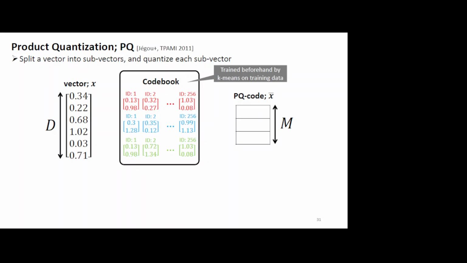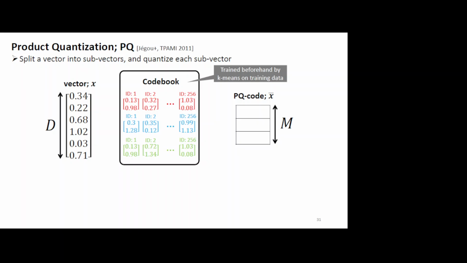Then I run k-means, where k is set to 256. So I have 256 centroids for the first part, which is a 2-dimensional vector space. Here we show a code book. The code book is the centroids of your first part.